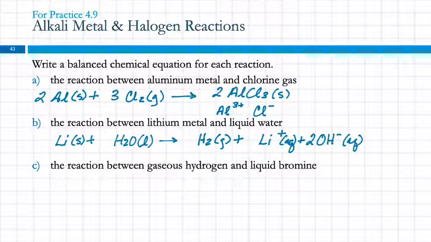And then I could put a 2 over here and have 4 hydrogens. But now that also affects the oxygens, so we've got to check those 2 oxygens and 2 oxygens. That one's hard.